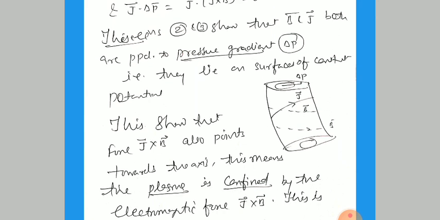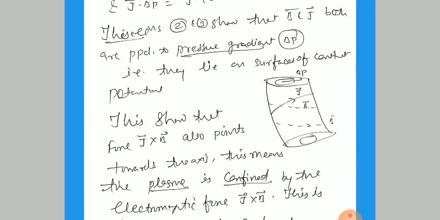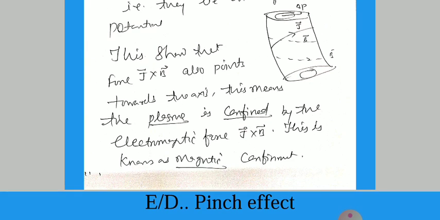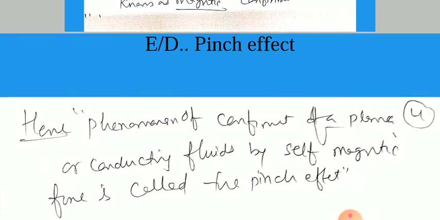This shows that the force J cross B also points toward the axis. This means the plasma is confined, or you can see there is a net inward force toward the axis, which is responsible for the confinement of the plasma in a particular magnetic bottle by the electromagnetic force J cross B. This is known as magnetic confinement.